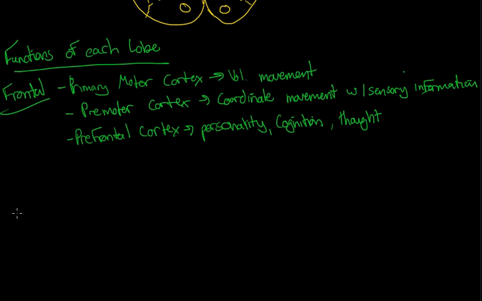We'll switch colors here and talk about the parietal lobe. Here we're going to find our somatosensory cortex, which is going to integrate sensory info.